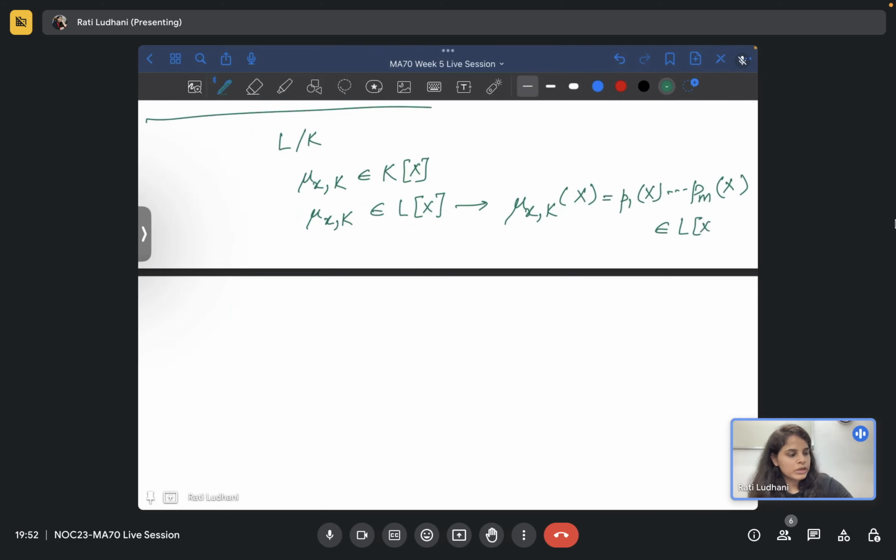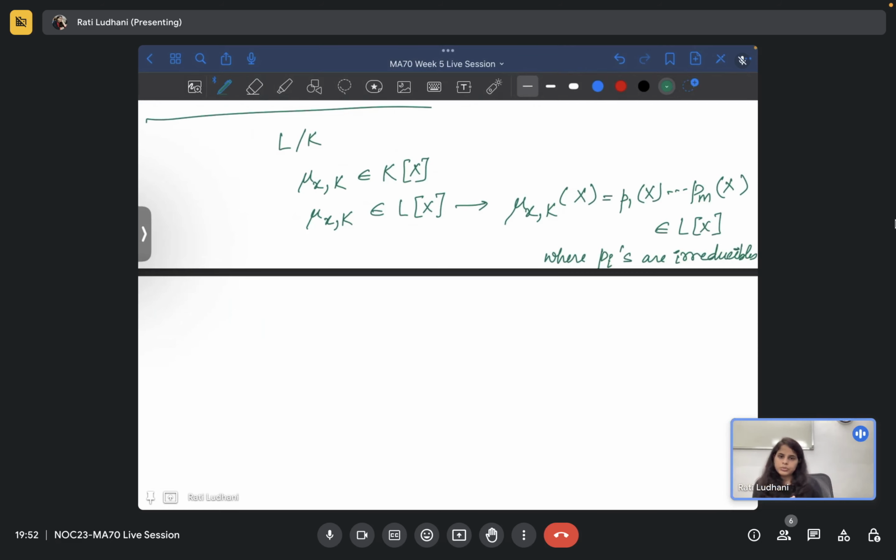Like we have increased the field size, so it can split, right? It can split into some irreducibles. We are not sure if this is a splitting field, so it will split into linear factors, but it might split, it might not split, we don't know. But let's say these Pi's are irreducibles. Is that okay, this statement?